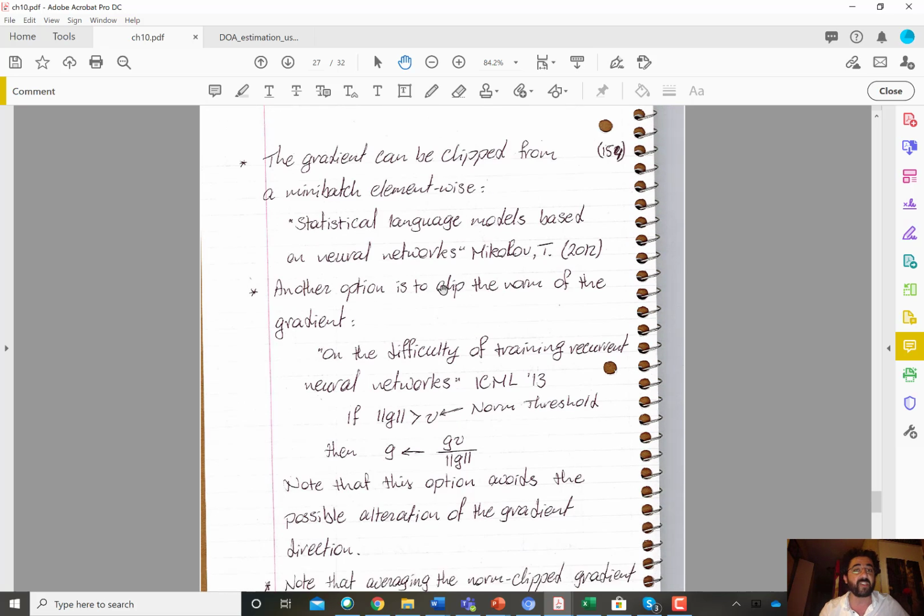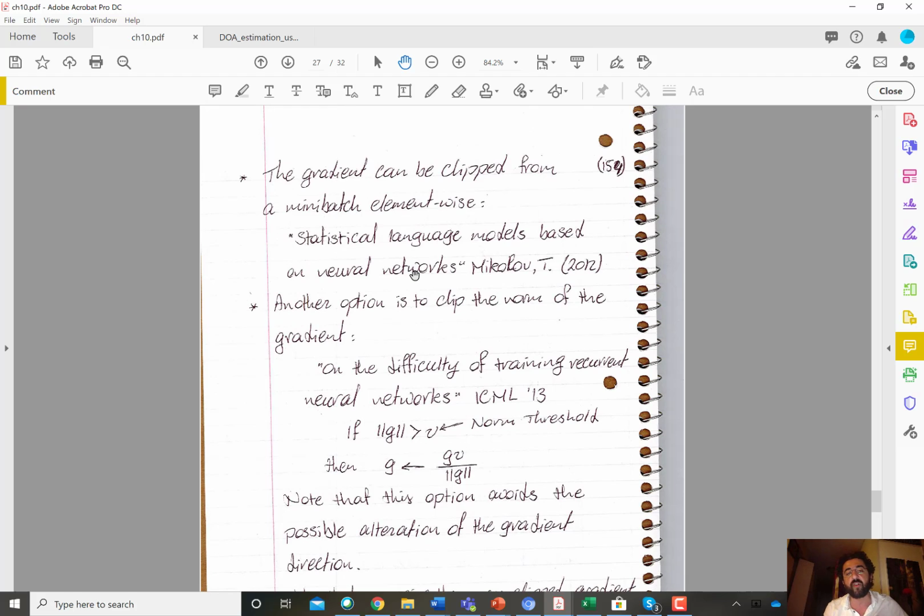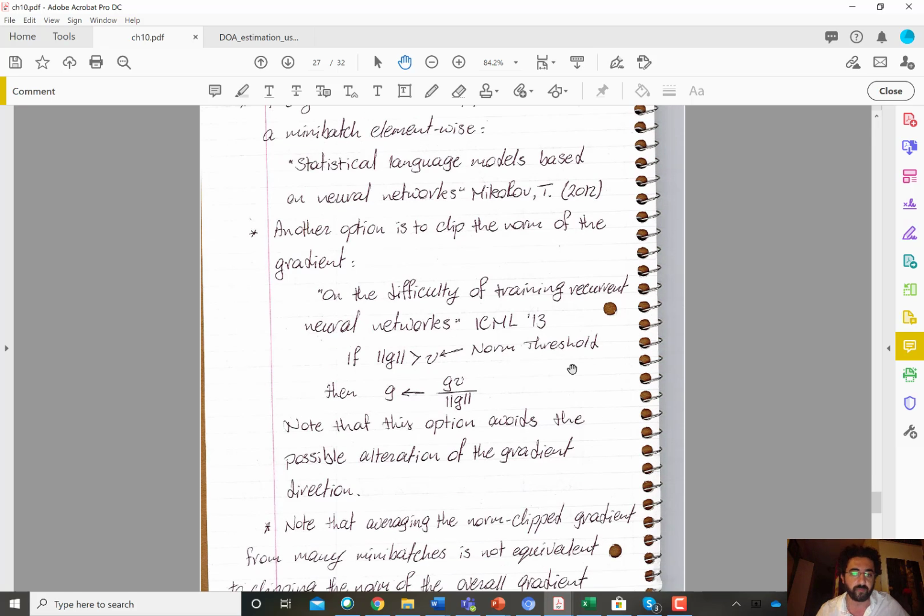But interestingly, the empirical evidence so far points to concluding that it doesn't matter much. Even when you clip element-wise, it turns out to work well. But you should be aware that this is really changing the gradient direction.